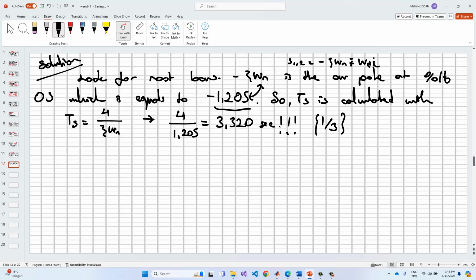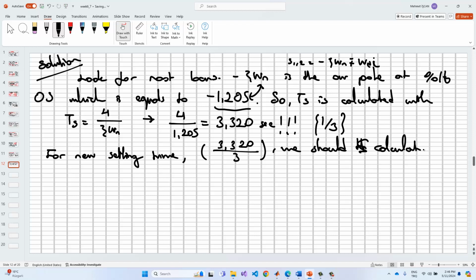The question asks that we need to update the settling time of this system to 1 divided by 3. So the new settling time is equal to 3.320 divided by 3. We should calculate the Ts for zeta omega n, and so 1.107.